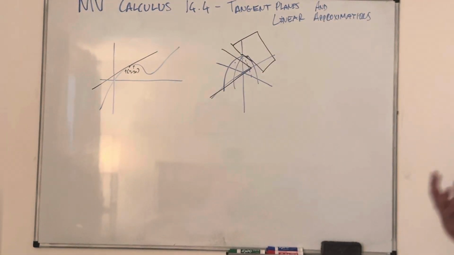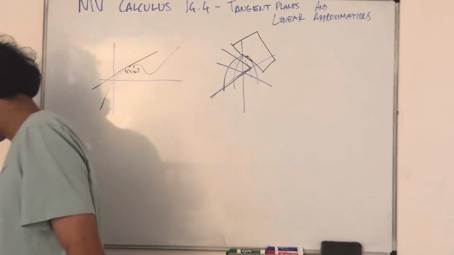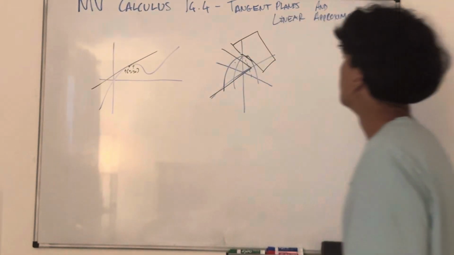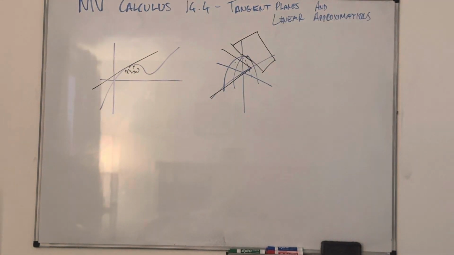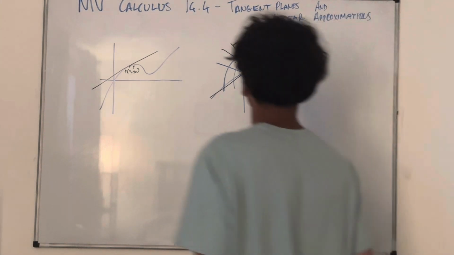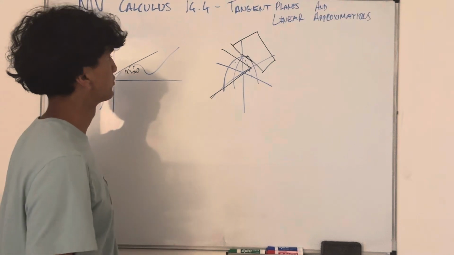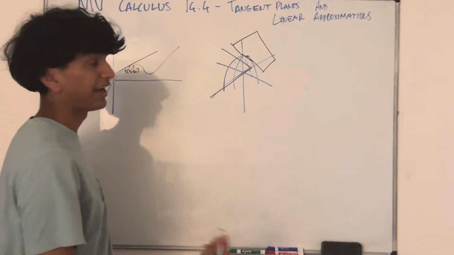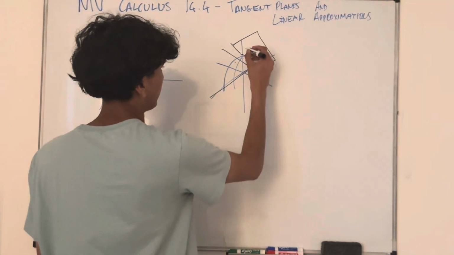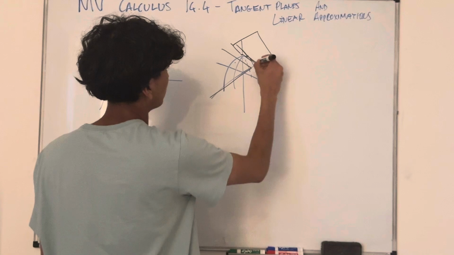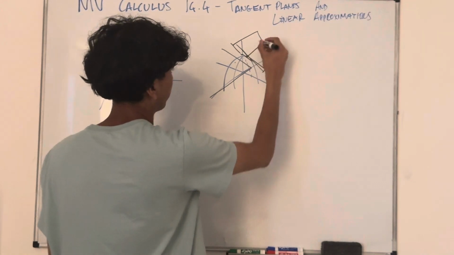So the tangent plane is defined pretty simply, because at this point there's going to be a tangent line in the x direction and a tangent line in the y direction.